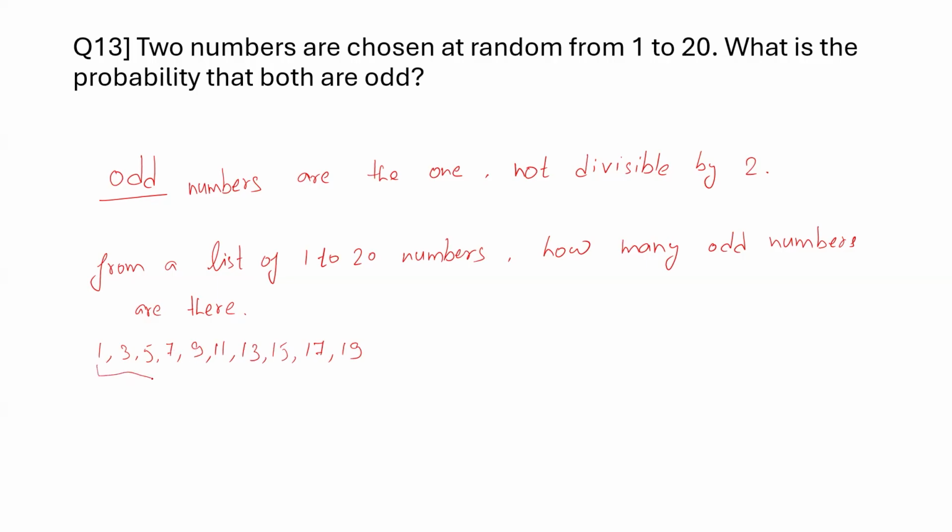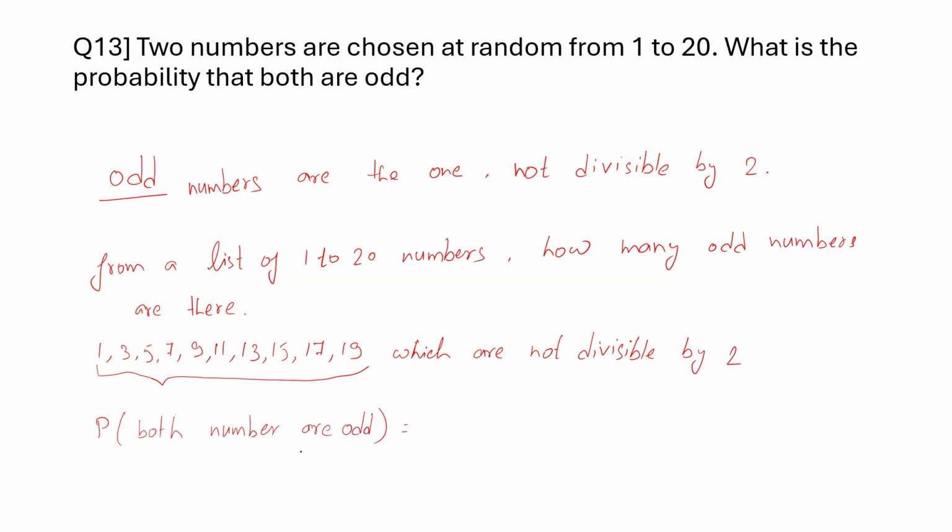You can see that these are the numbers which are not divisible by 2, right? How many numbers are there? 1, 2, 3, 4, 5, 6, 7, 8, 9, 10. Oh, you are picking two numbers and both should be odd, right? So both numbers are odd.